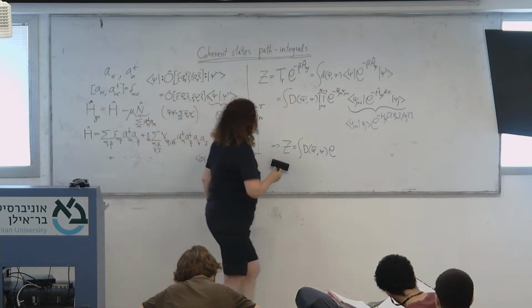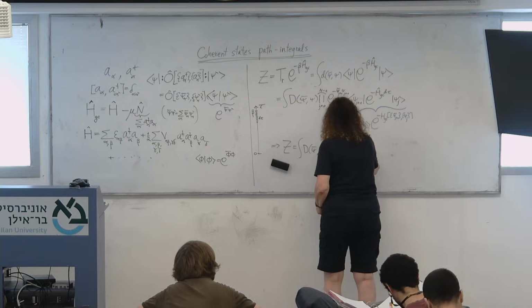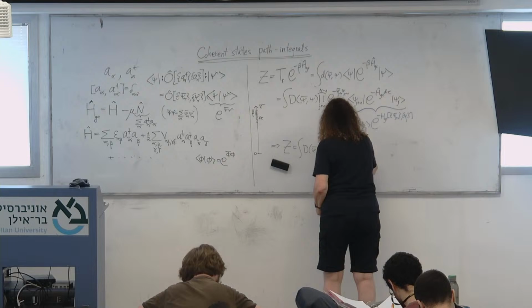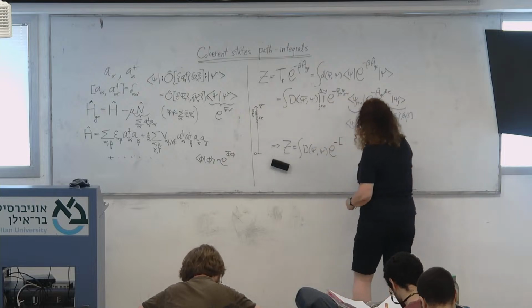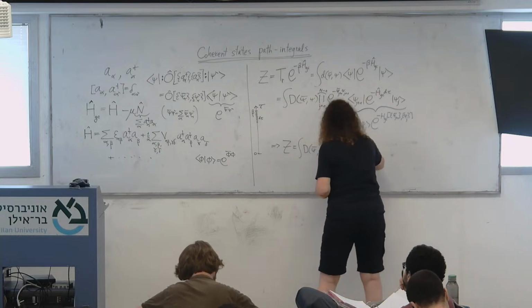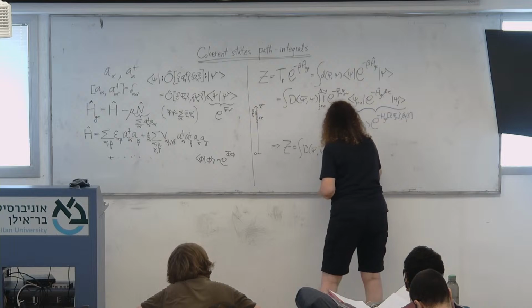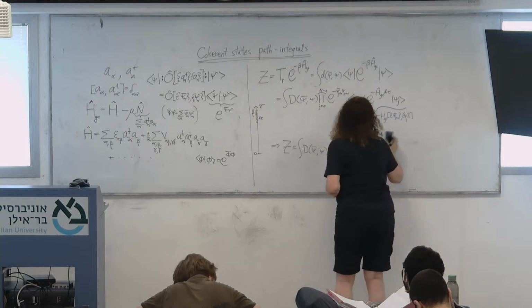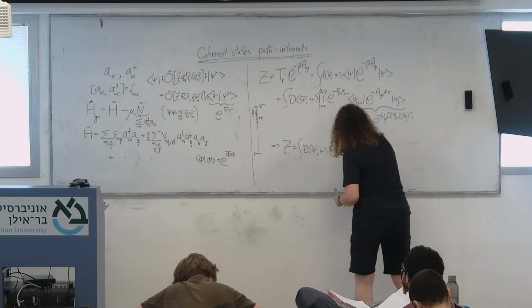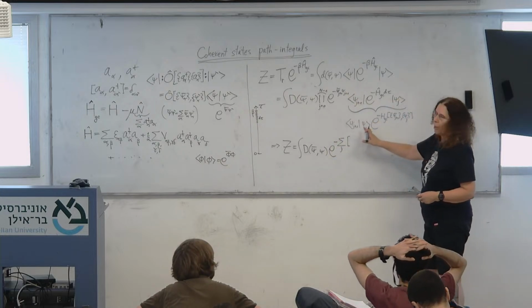And it's going to be e to the minus, let me write it like this. First of all, I have e to the minus sum over j, and then here I'm collecting all the exponentials.